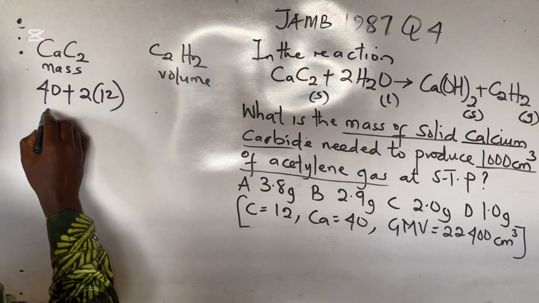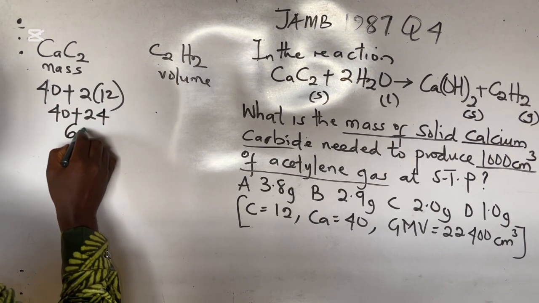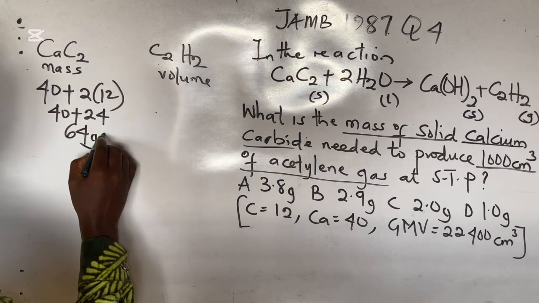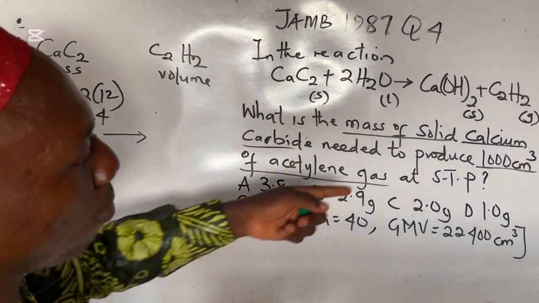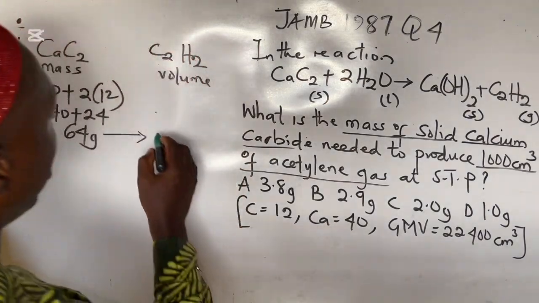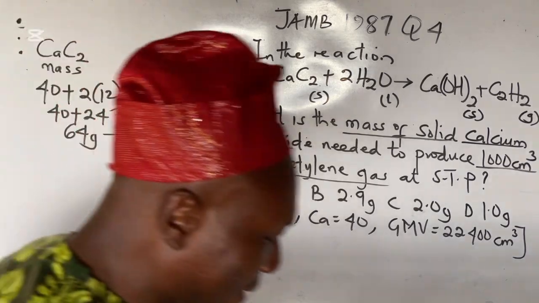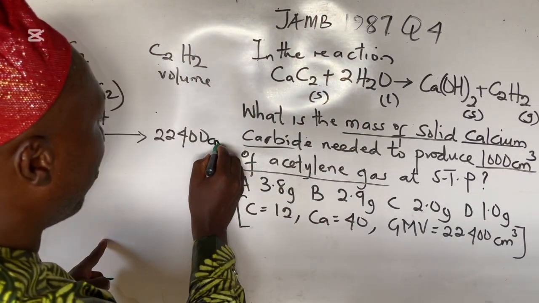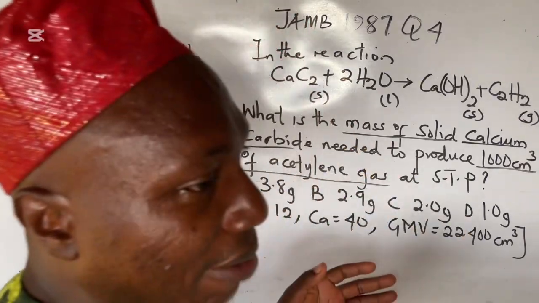So that will give you 40 plus 24, and that's 64 grams. That's the mass. Giving us the volume, the volume here at STP is 22,400. That is the first thing you do in solving the question: mass and volume, and these are at STP.